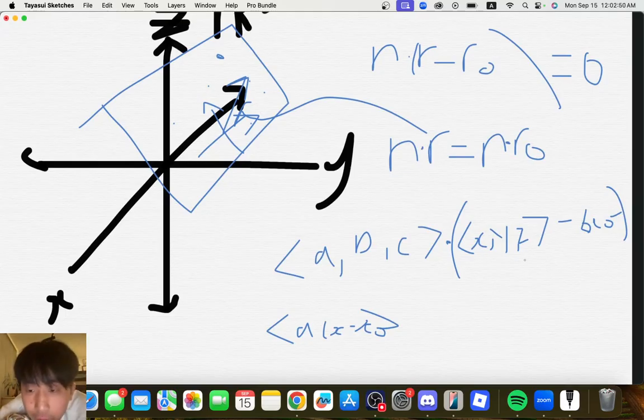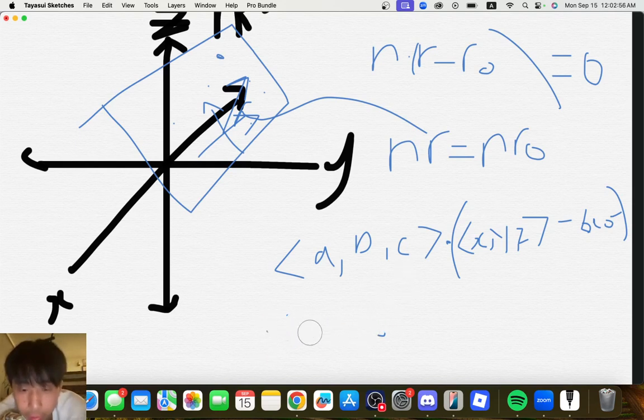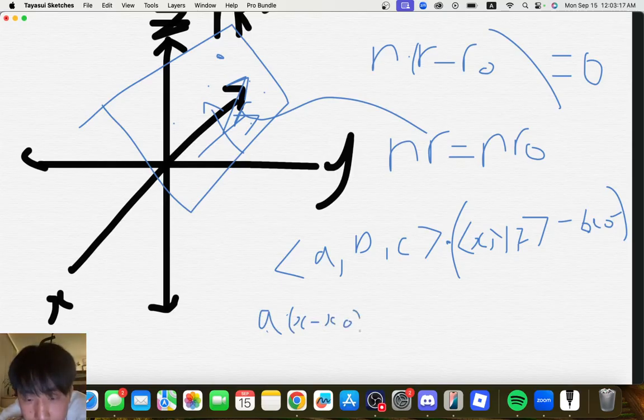So A, B, C, if I remember, I showed you the dot product last time, and basically it's A times X minus XO plus B times Y minus YO, etc., right? So this would be A times X minus XO plus B, etc., equals 0.